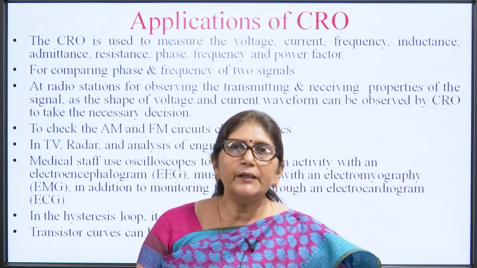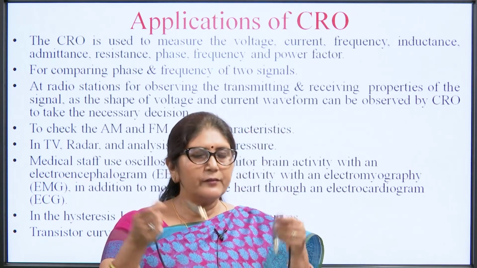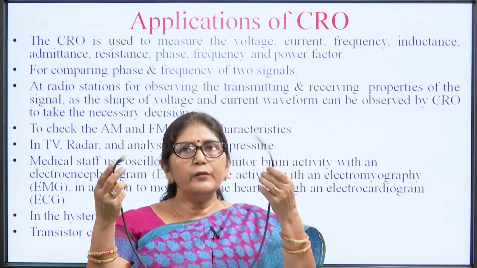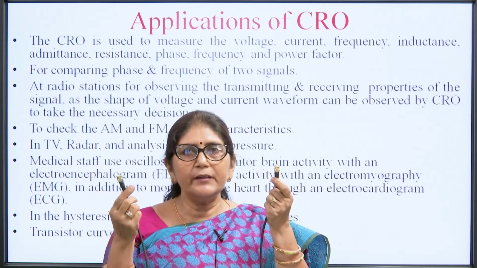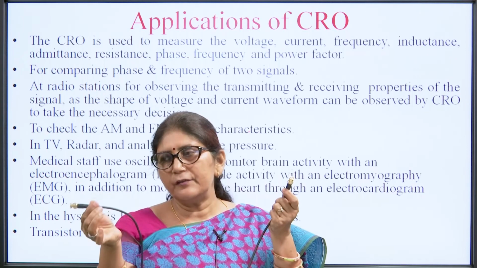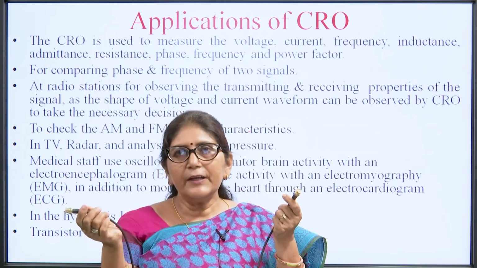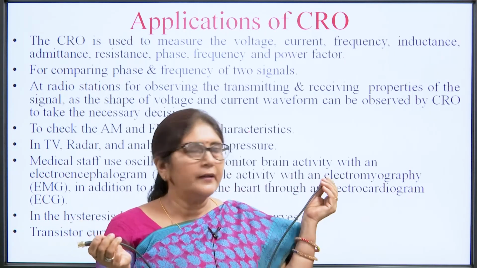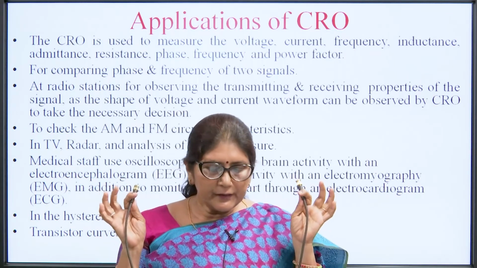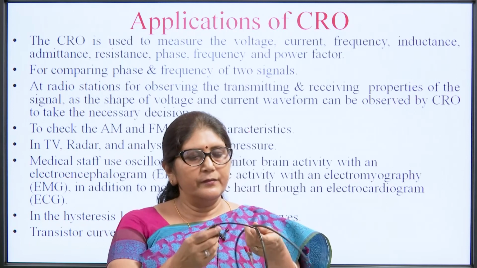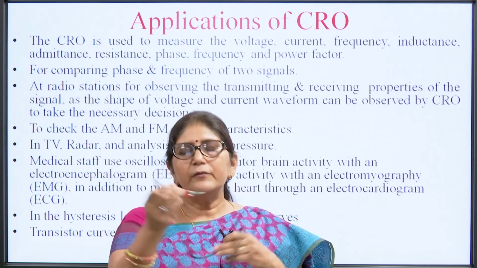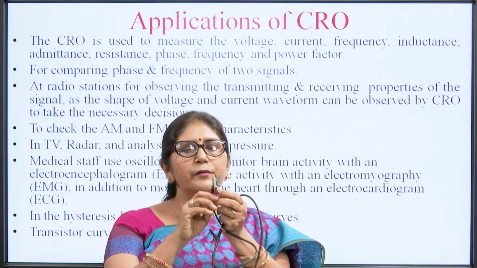Then there are many types of probes, like this one known as the BNC probe. Suppose we want to measure the signal from the function generator, then we can put this end at the function generator and this end at the CRO, and we can see the waveform. Then there is a second type of probe where both ends are crocodile type clips.